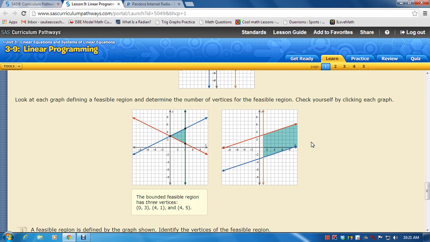However, I do have 2 vertices, right there and right there. So when I click on those, they do in fact have 2 vertices. But I don't have any vertices over here because it's unbounded. It keeps on going.